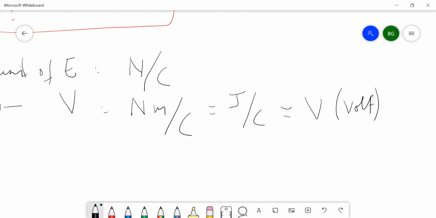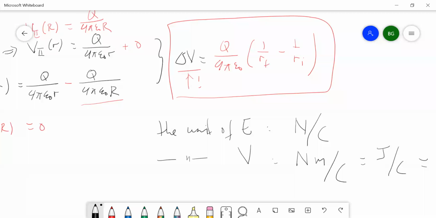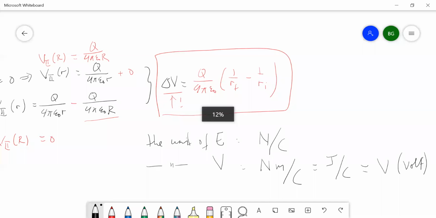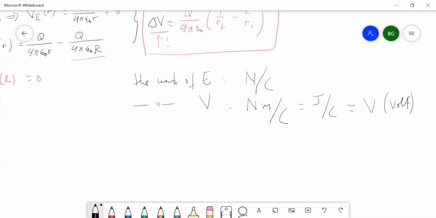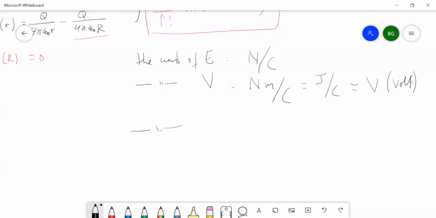Okay. Any question again? So this is the potential function also. For potential energy, because this is energy, this is joule. Okay. Because this U here is Q times V.